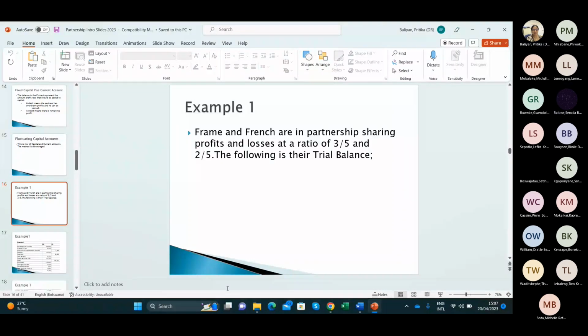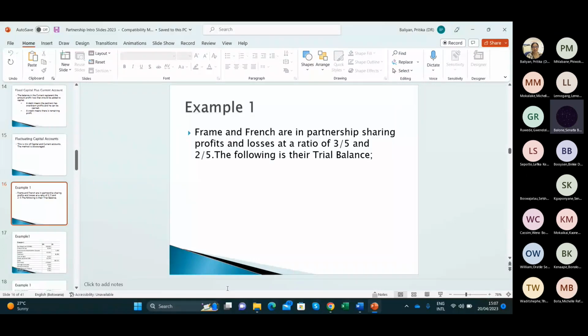No, ma'am. This example was not covered. Yes. Oh, yeah, sorry. Anybody else saying something else? It was covered, ma'am. It was covered. Yes. Okay.